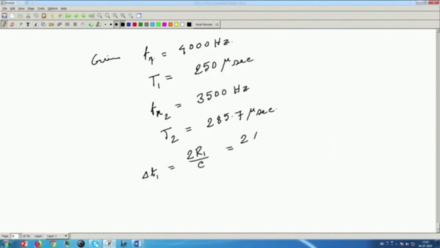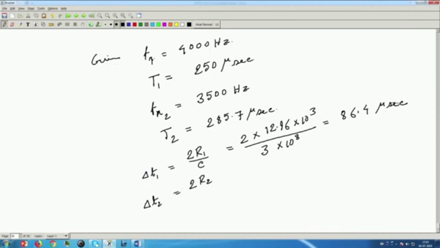So, that is 2 into 12.96 into 10 to the power 3 by 3 into 10 to the power 8. So, this comes to 86.4 microsecond, and delta T2 is 2 R2 by C, that is 2 into 34.44 into 10 to the power 3 by 3 into 10 to the power 8.